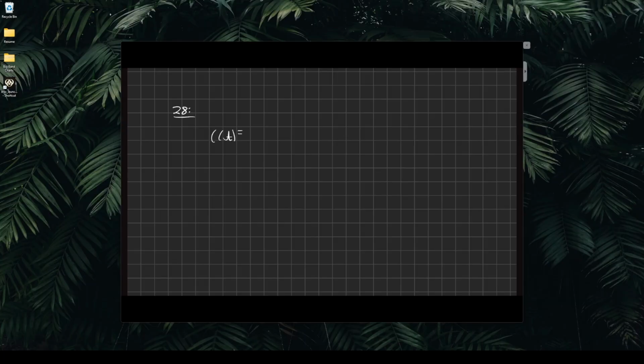Okay, so for 1, we're given the vector function ln of t plus 1 and t over square root of 9 minus t squared, and then 2 to the t.